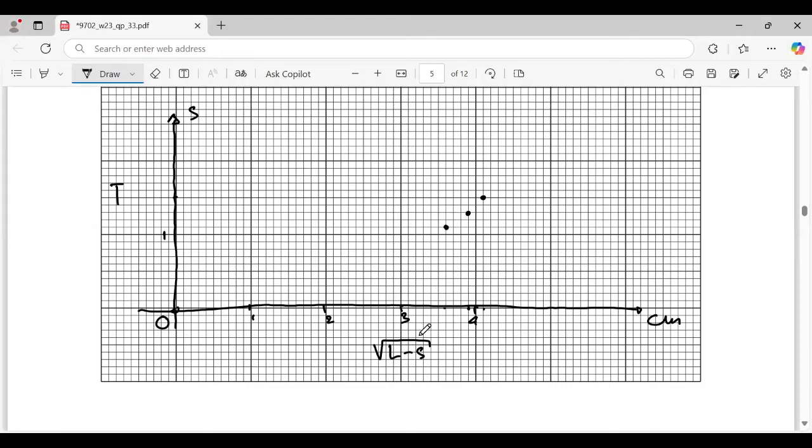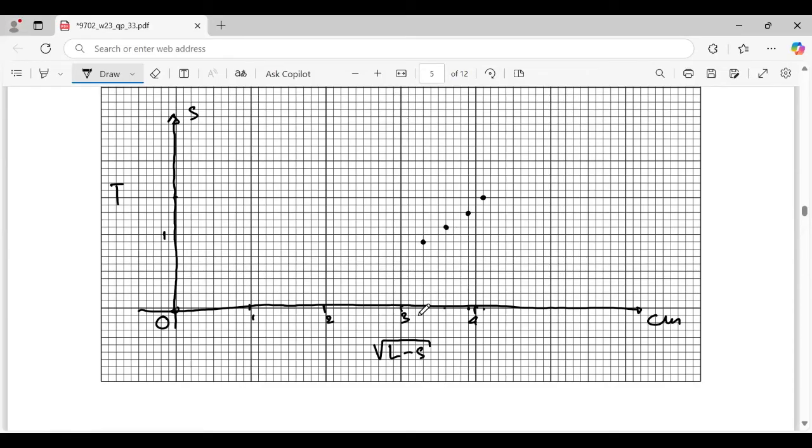And the next, 3.3 and 1, here. 1 or 0.9, I prefer 0.9.